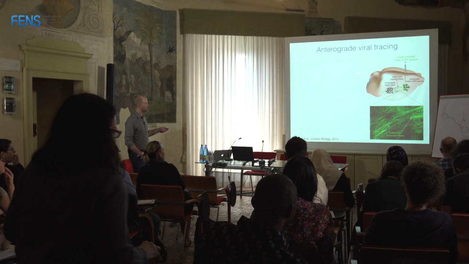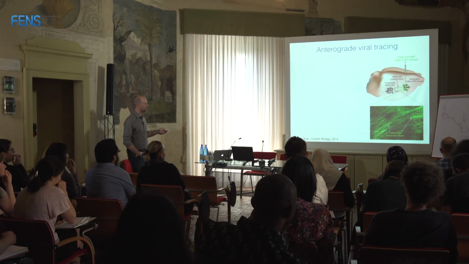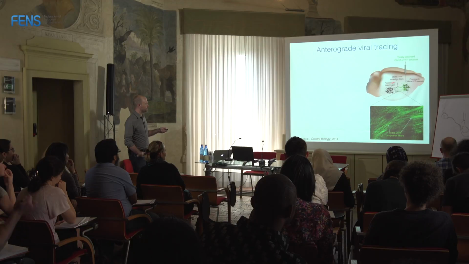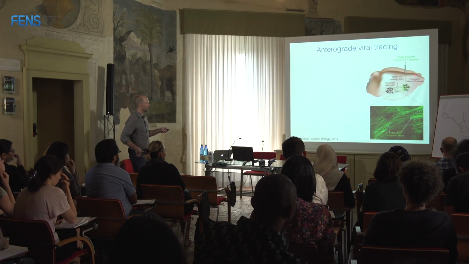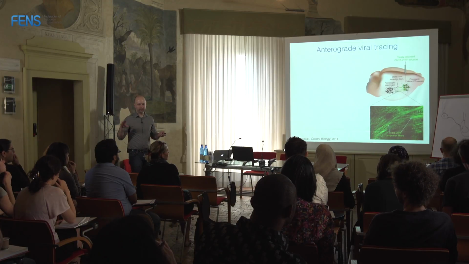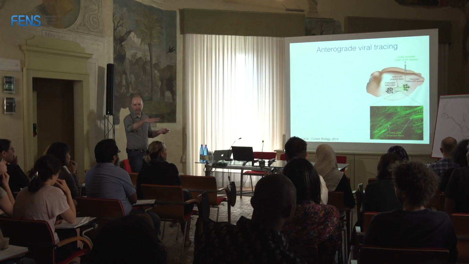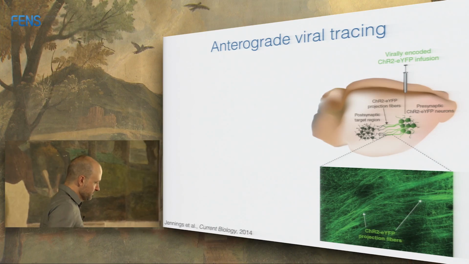With classical anterograde tracing, you would typically inject a tracer into a region and it would label every cell in that region and where it projects to. With this anterograde viral tracing strategy, we're starting with a particular subtype of cell and then looking at where they're projecting in the brain.